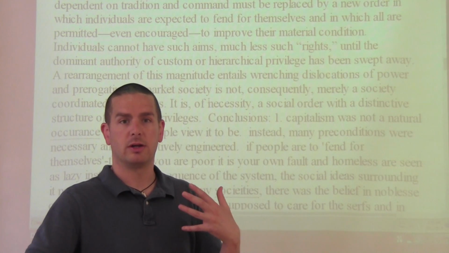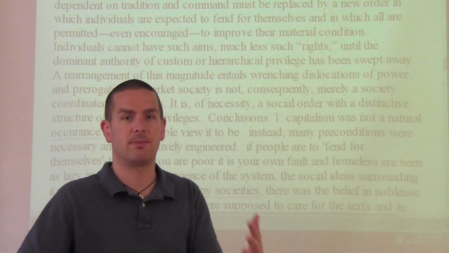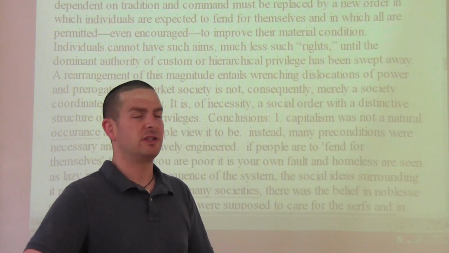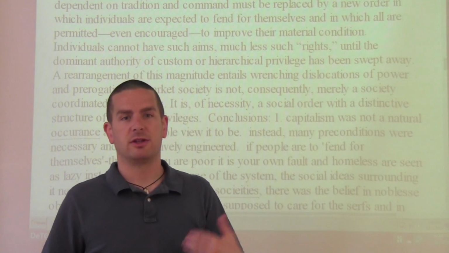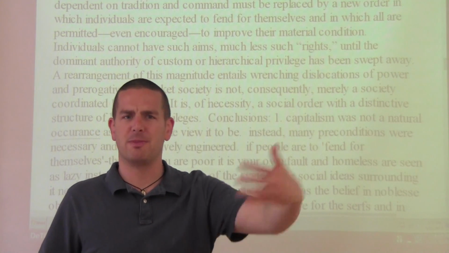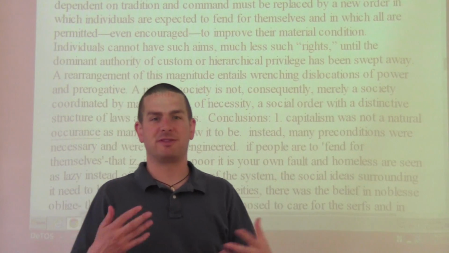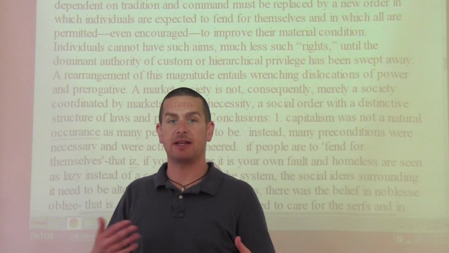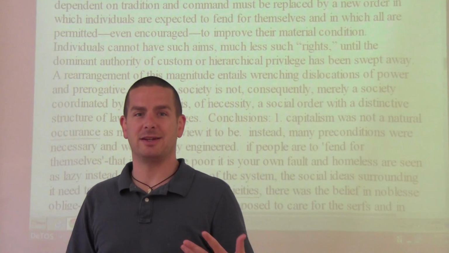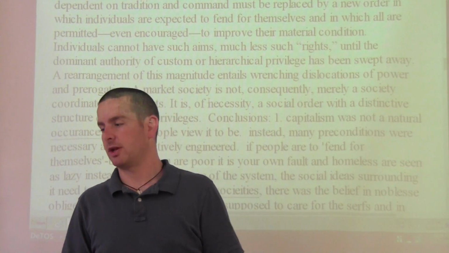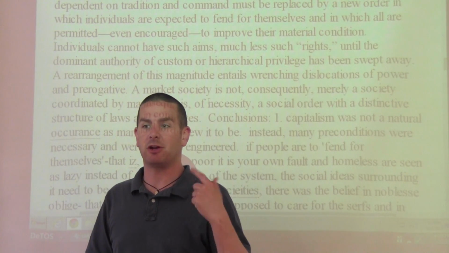It was more, well, we had a bad harvest, but that's okay. The king will make sure I'm not going to die, right? At least most kings. Whereas in capitalism, if your business fails, there really is no guarantee you're going to make it. You could become homeless. Subsequently, we have developed unemployment insurance and food stamps. But before those existed, you were on your own. So in order to make a market economy work, the first thing is you have to get people to believe they're on their own.